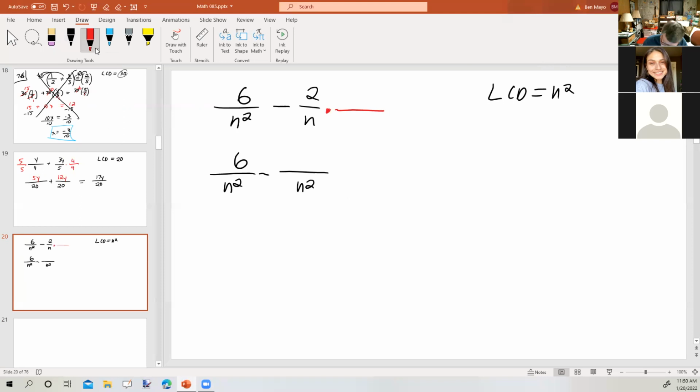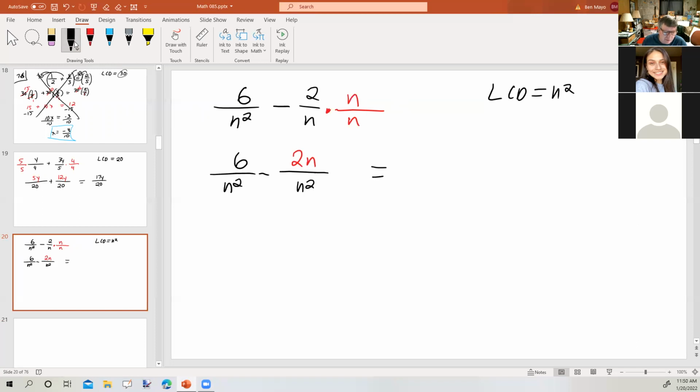What do I need to multiply the second fraction's denominator by to make it into n squared? One n. Right. So I multiply the numerator by n as well, and my new numerator becomes 2n.